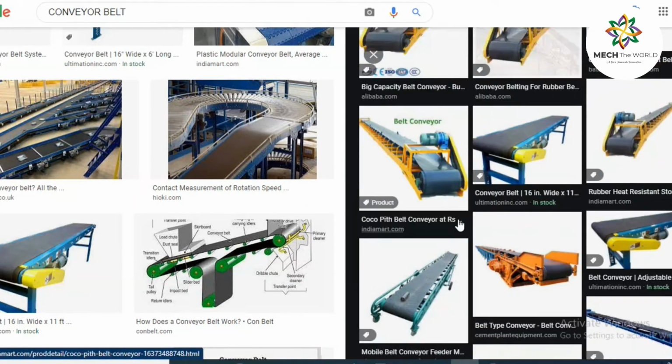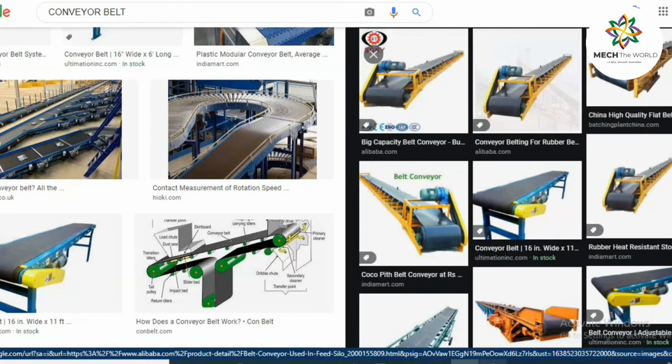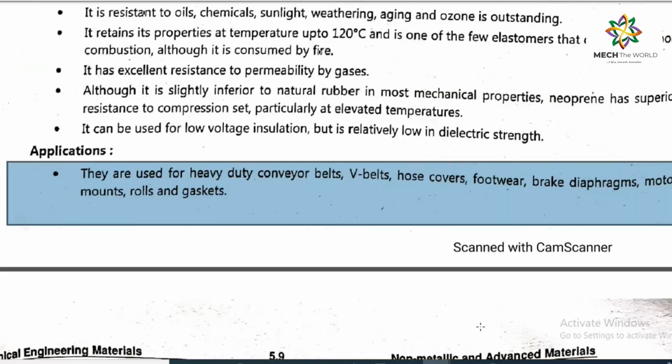To make these belts we can use neoprene. V-belts, hose conveyors, footwear, brake diaphragms, motor mounts, rolls and gaskets can also be made from neoprene.